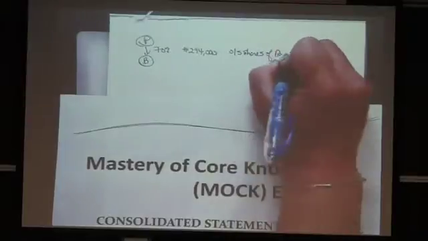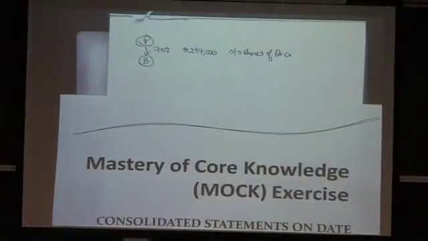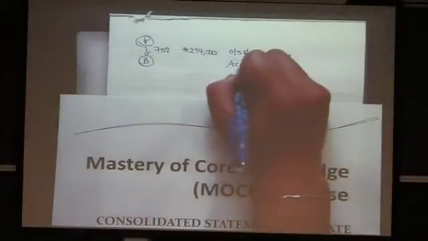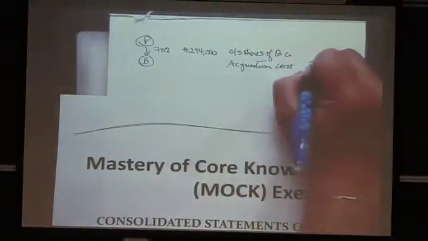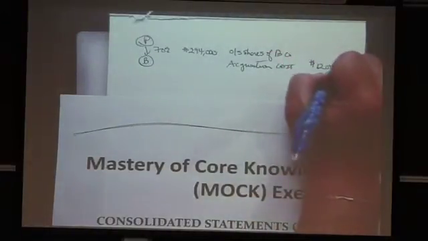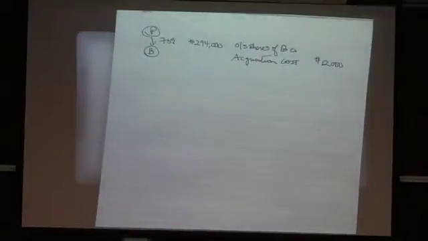We're purchasing outstanding shares of B company. And there's a direct cost of acquisition of $12,000.